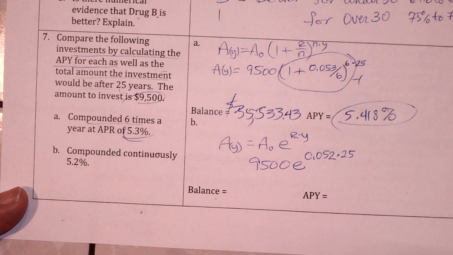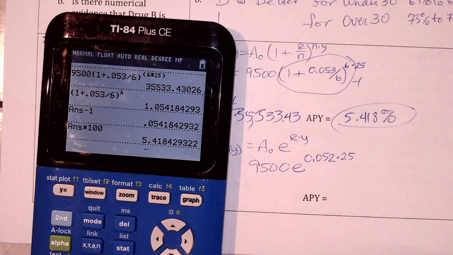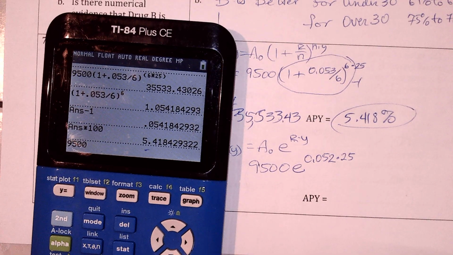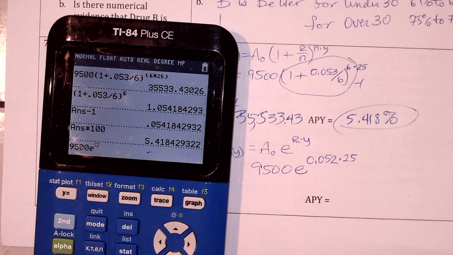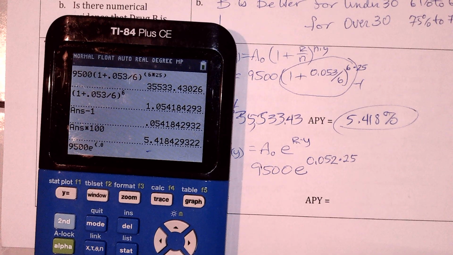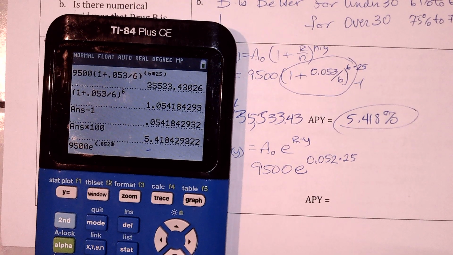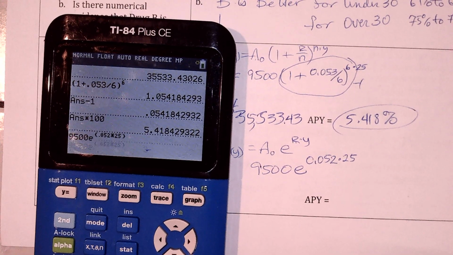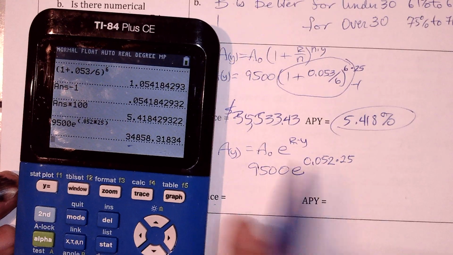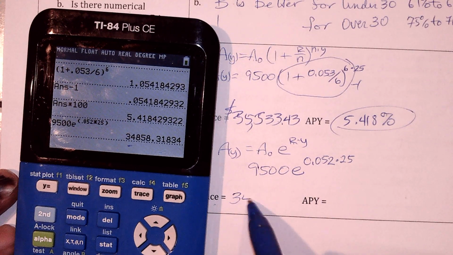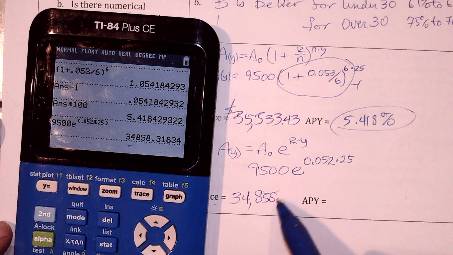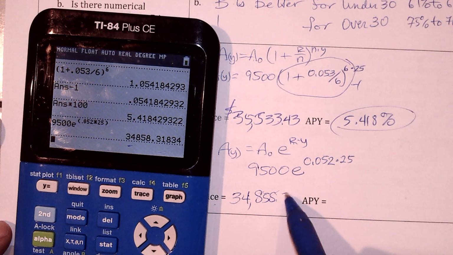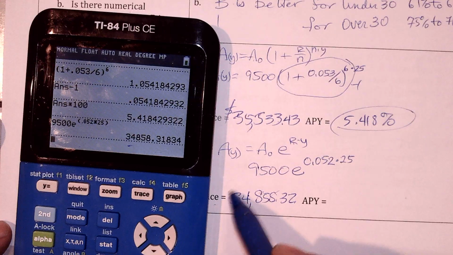And that will give me the balance. 9,500 e to the power parenthesis 0.052 times 25, close parenthesis, and that's going to come up with $34,858 and 32 cents.